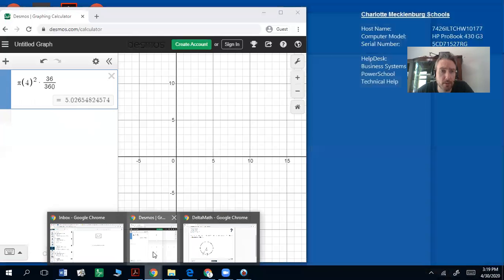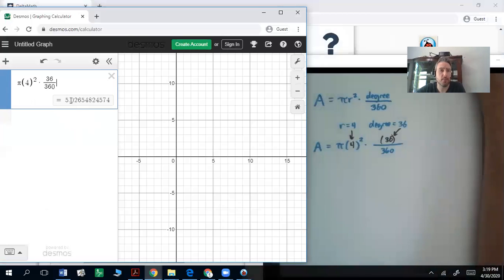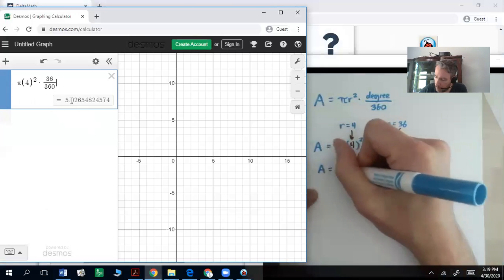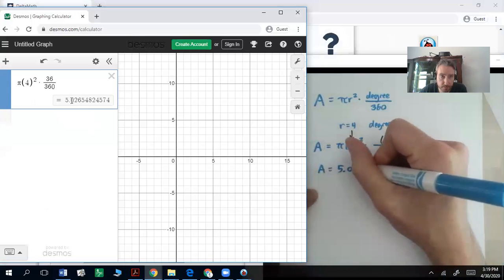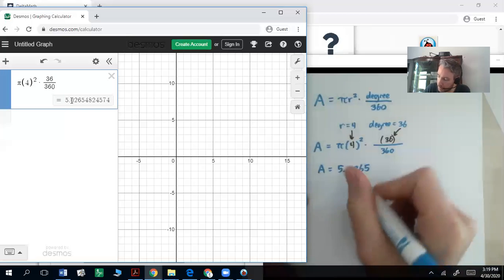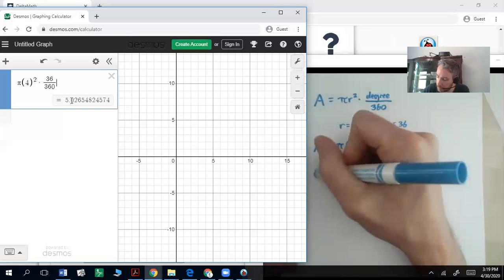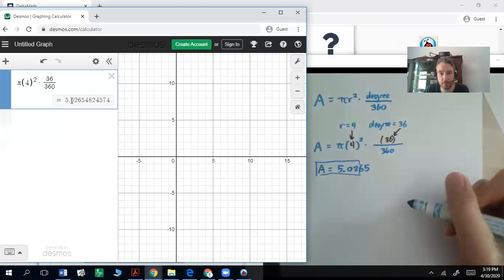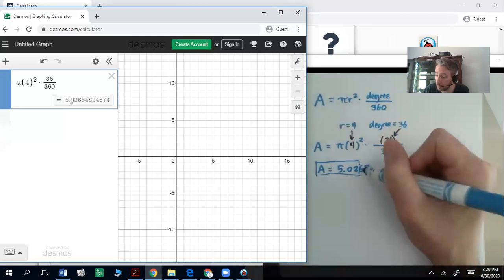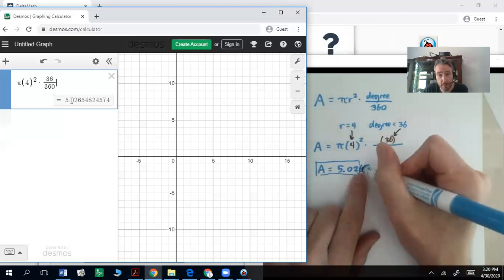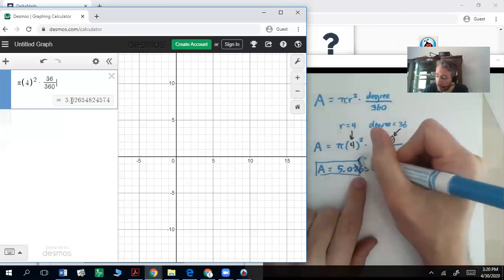Now if I'm rounding that to the nearest hundredth, we're going to have to be careful how we round it. 5.0265. Part of the problem that we have with rounding is we have to know what a hundredth is. Hundredth is here, right? But you don't want to put 5.02 because it's going to count this one wrong, and that is because the number after the 2 is 5 or higher. So since that's 5 or higher, we want to make that 3.